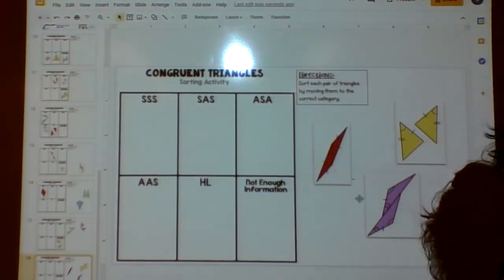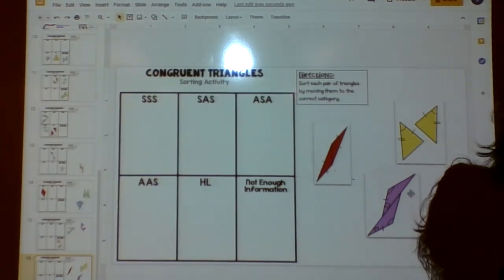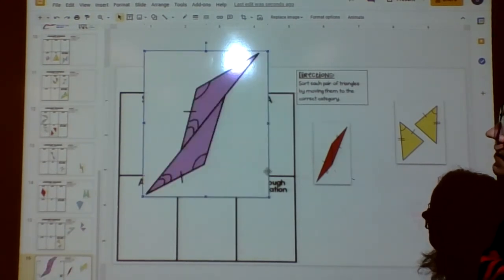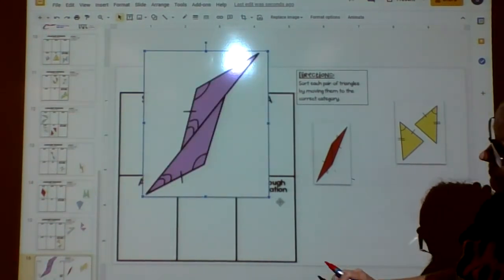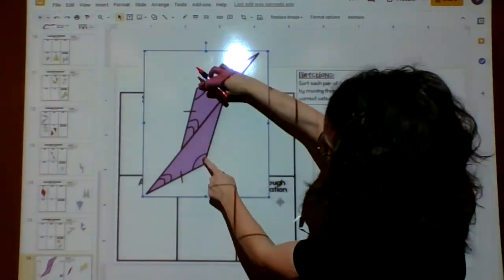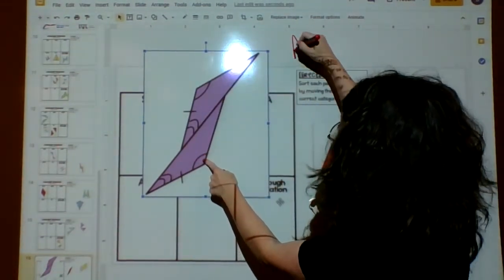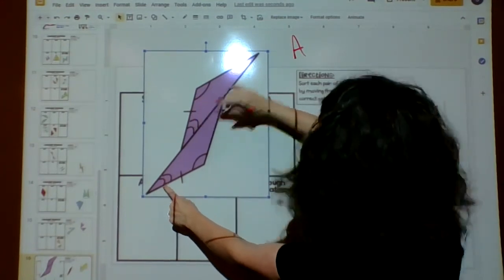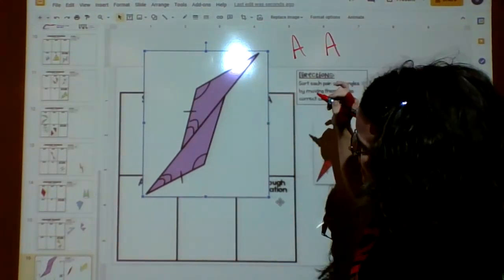Then we look at this one, and let's see. This one looks like it could be interesting. So on this one, I have an angle and an angle, these big fat angles here. And then I have the little skinny angles right here, and they're both congruent, so I have an angle and an angle.